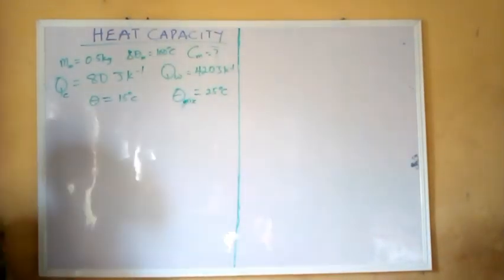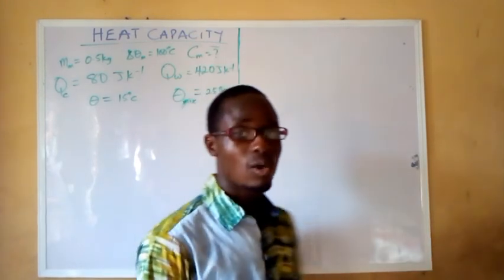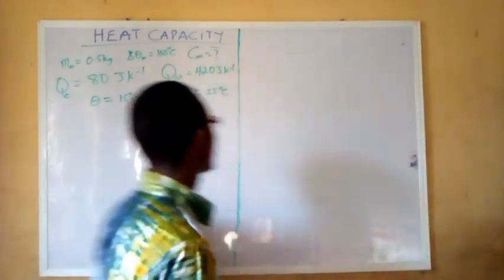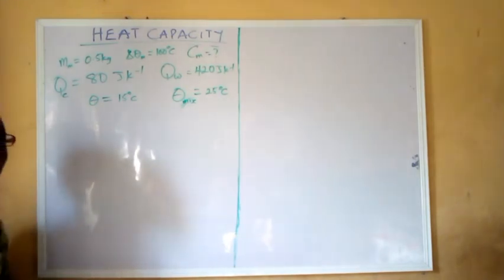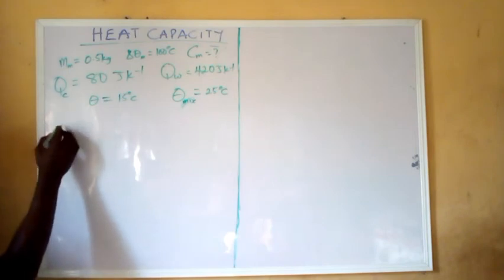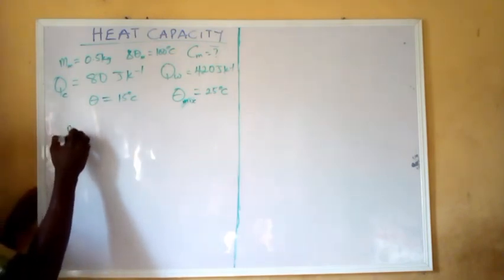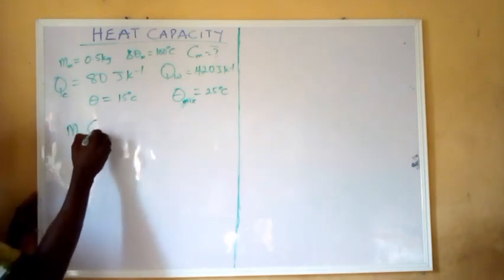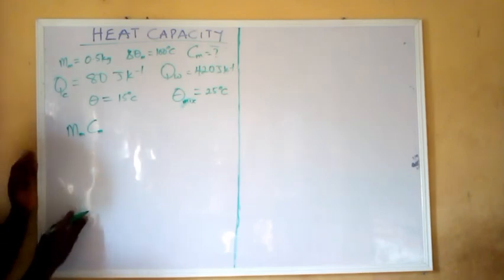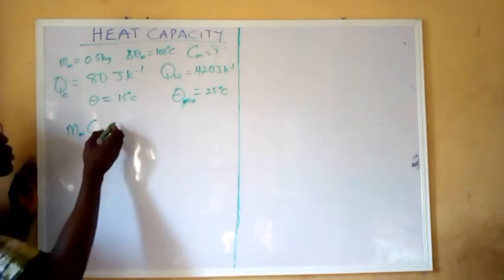It's very easy. Heat gain is equal to heat loss, according to the law of calorimetry. Which one is losing heat and which one is gaining heat? The calorimeter and the water are gaining heat. So the side that is losing heat is M, the mass of the metal, multiplied by the specific heat capacity of the metal, which we are looking for, then multiplied by the change in temperature.